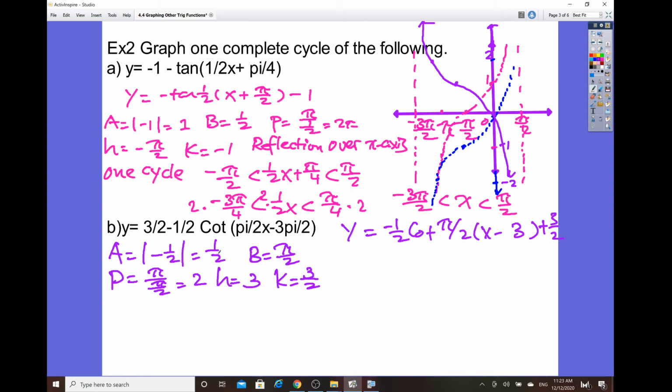So that means the graph is going to be considered horizontally compressed. And then with the negative sign, so with the reflections, it's over the x-axis. Okay, so try to do the one cycle test.